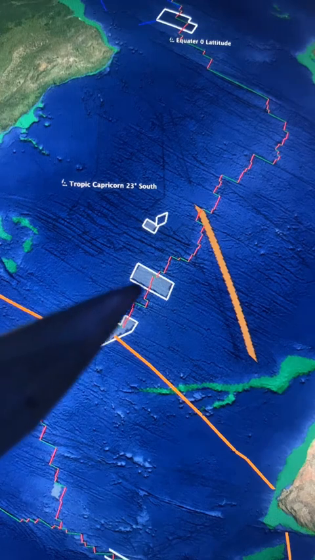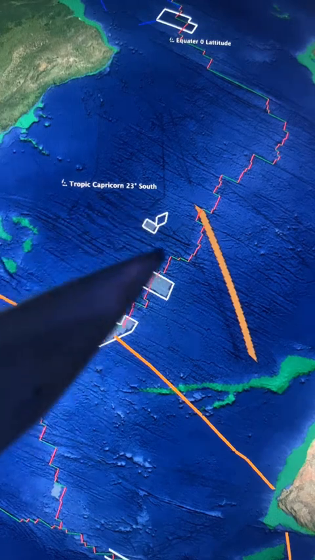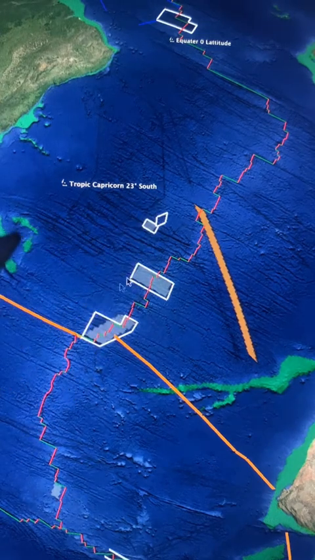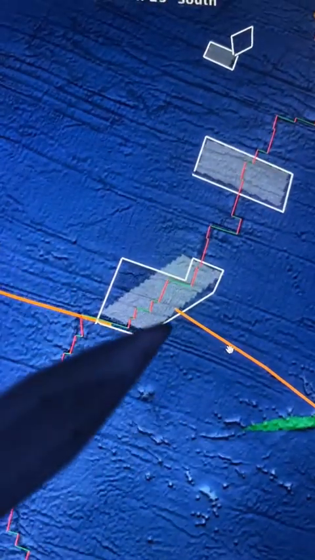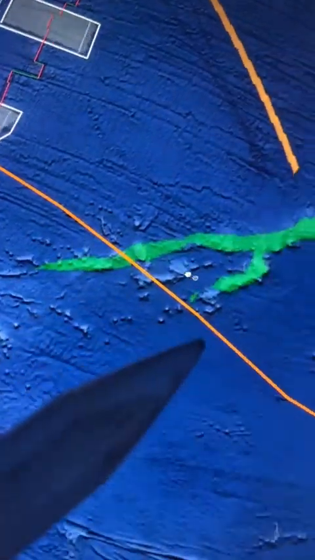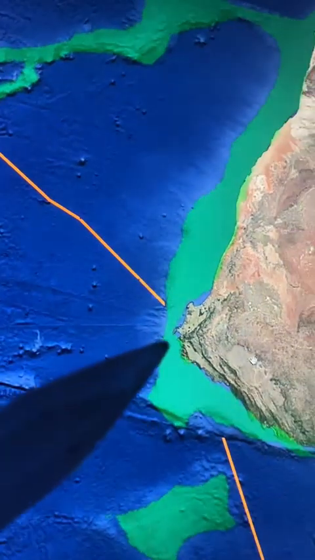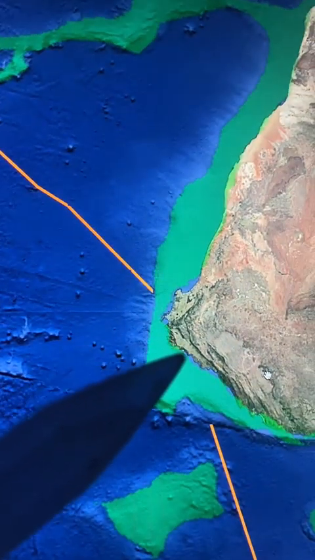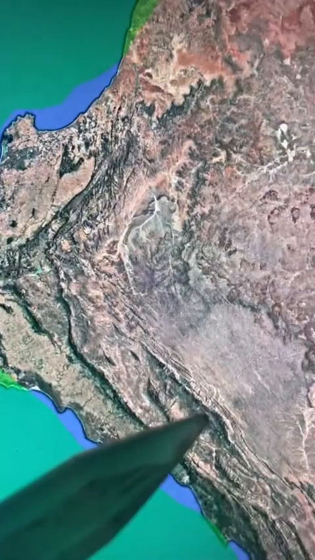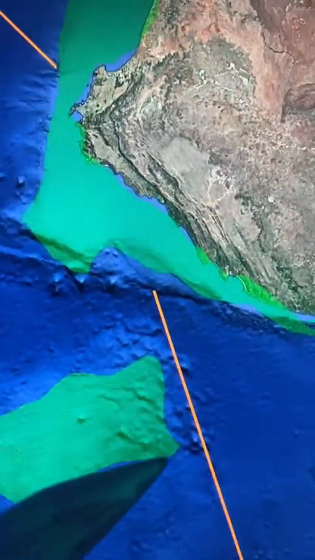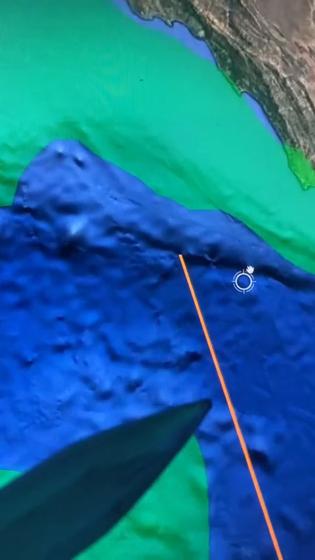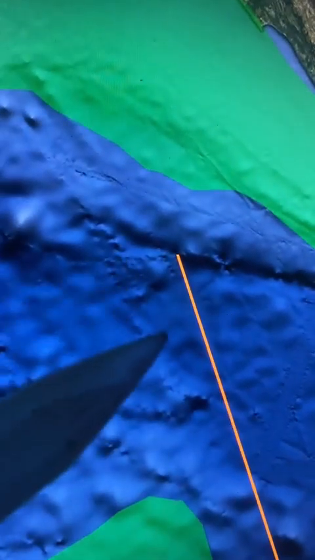to an anomaly. They are here, all these white zones. So it's coming here and it continues to South Africa and continues here.